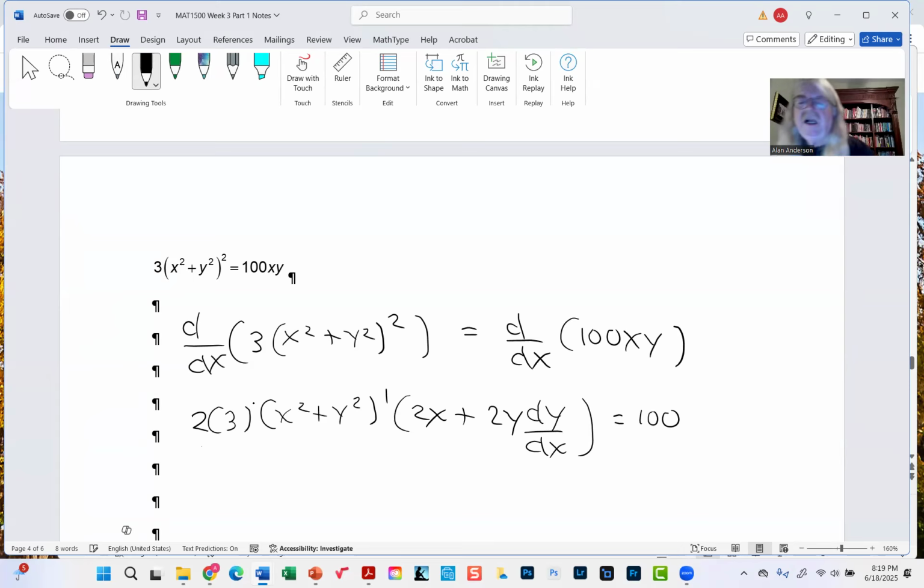Oh, okay. Actually, I'm going to need more room for the right-hand side. I'm going to need the product rule. Okay, but on the left-hand side, let me just quickly remind you, real fast, how the chain rule works.